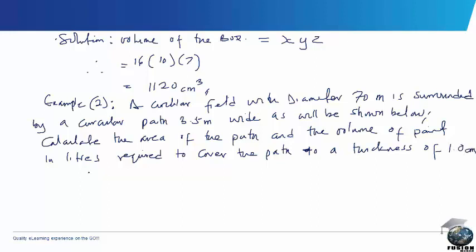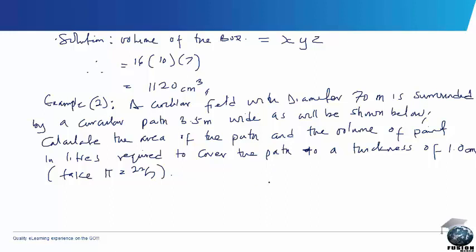Okay, required to cover the part to a thickness of 1.0 centimeters, and you're given pi to be equal to 22/7. Alright, so we need to have a pictorial diagram of what we're saying here.